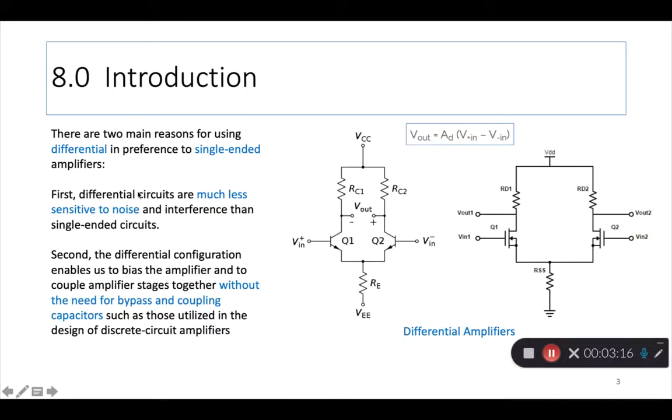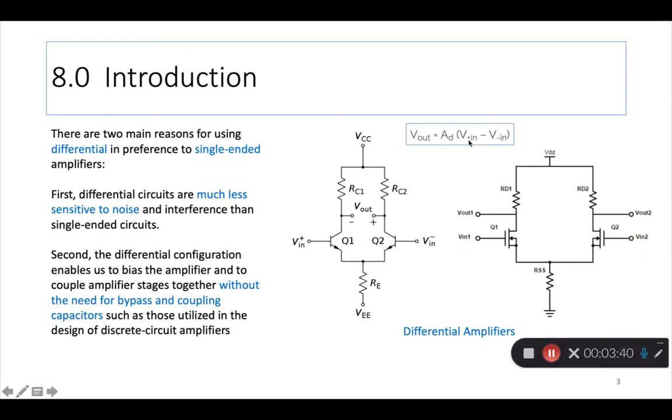In such a connection, the V output can be shown to be some gain factor, A differential, times the V input, which is the signal between one base and another base, or one gate and another gate. So V out is gain times V in.